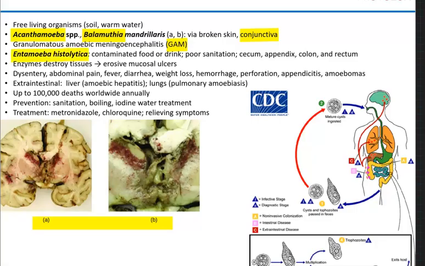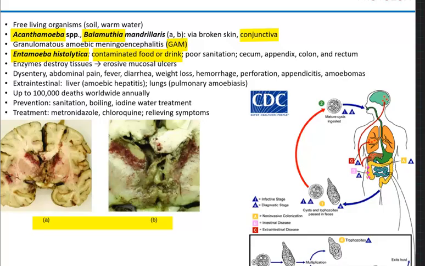However, Entamoeba histolytica is the classic parasite, classic disease-causing amoeba. So it is mostly transmitted through the contaminated water and the food that was washed in the contaminated water. Water quality is one of the biggest problems in the world.